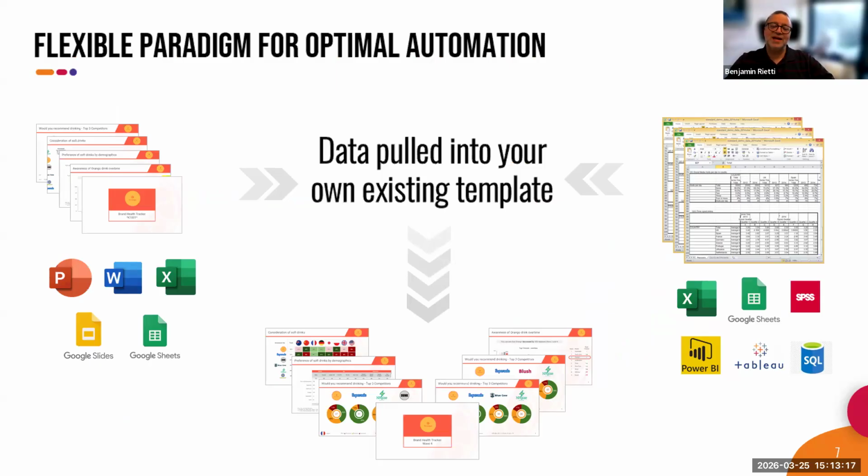So we can start with any existing template, and that template for the outputs could either be PowerPoint, that usually is, even Excel, Word, and now Google Slides, Google Sheets as well, which is making an entry. Should we say it's a slow entry, but it's there. And if any Google type clients are your clients, then it makes a big difference.